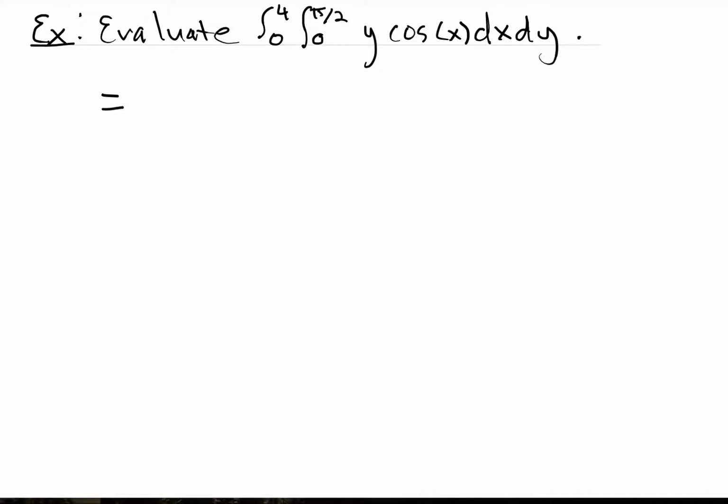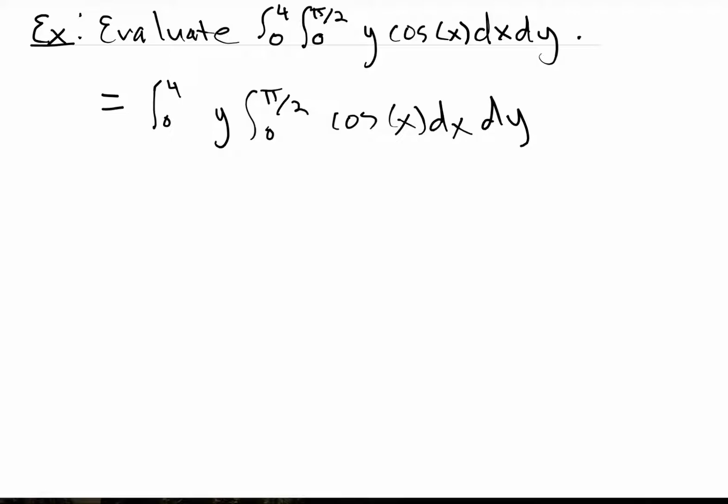What that last slide said that I could do was, if I want to, I can go ahead and pull the y out of that x integral, right? So this will look like y times that cosine of x dx integral. y is a constant with respect to this integral, so sure, it can leave.